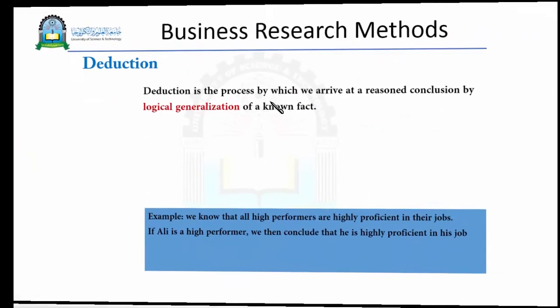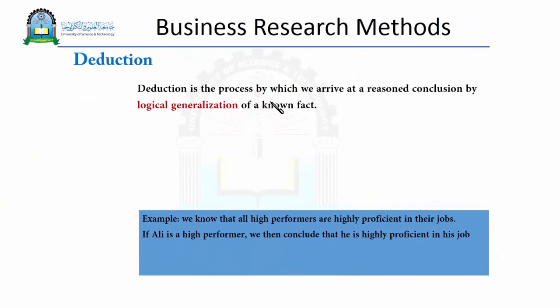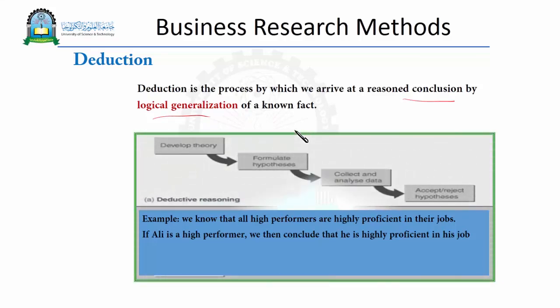So deduction is the process by which we arrive at a reasoned conclusion by logical generalization of a knowledge or fact. It is like this. I have the theory already developed. I just formulate a hypothesis, then choose a population, collect and analyze data, and then come up with findings.